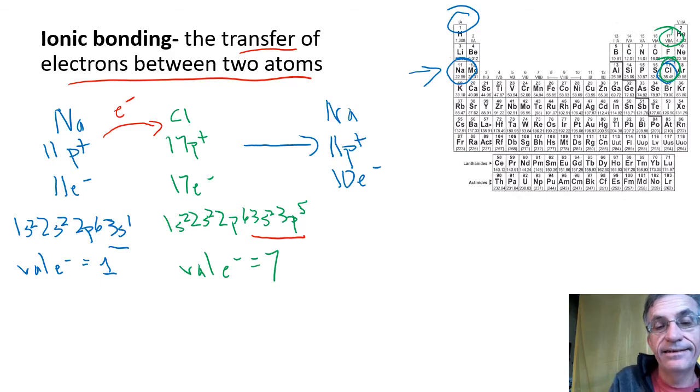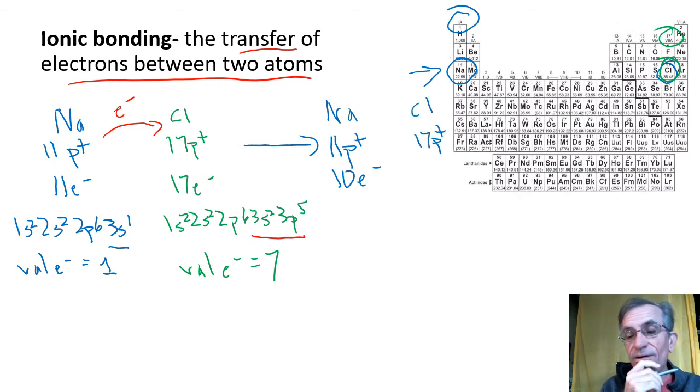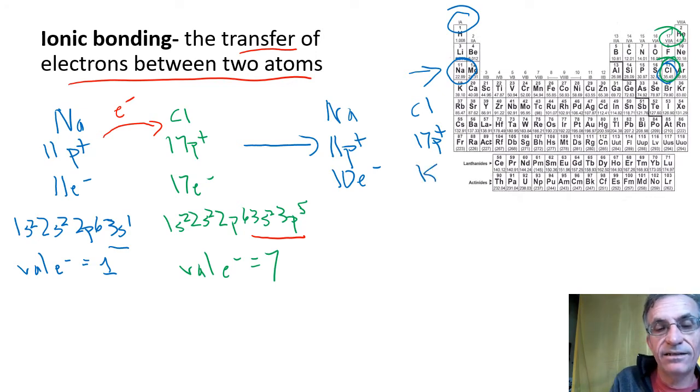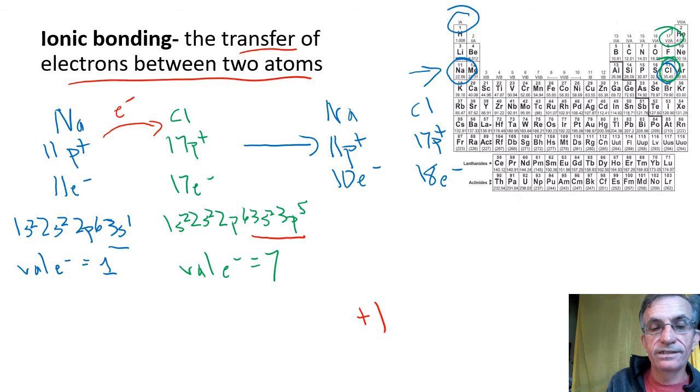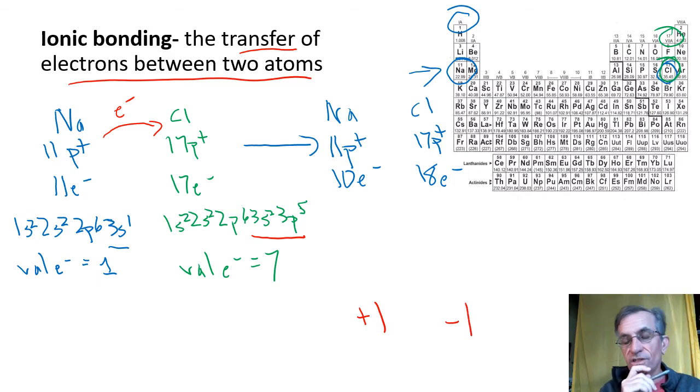Chlorine would still have her 17 protons, but she got one extra, so now she has 18 electrons. One thing that's going to be true about these guys is they're going to have charges now. The sodium would have an extra positive, so this guy would have a +1 charge. The chlorine has an extra electron, so it would have a -1 charge.